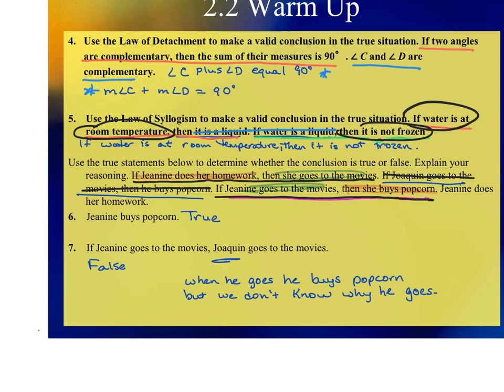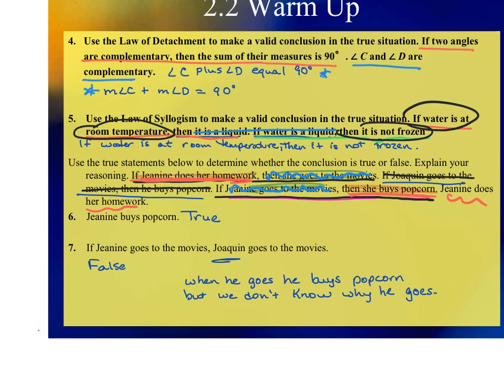So then what you're going to do is get rid of the overlap. She goes to the movies, she goes to the movies. And now, based off of this statement, Jeannie does her homework, you can conclude by using the law of syllogism, if Jeannie does her homework, then she buys popcorn. And that's why it's true. If it's better for you to rewrite the sentences separately so you can see it a little bit better, you can do that on the quiz.